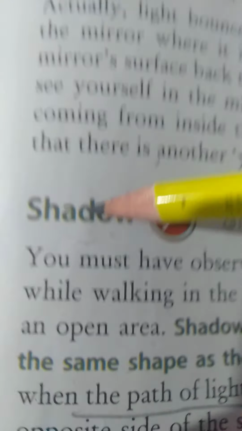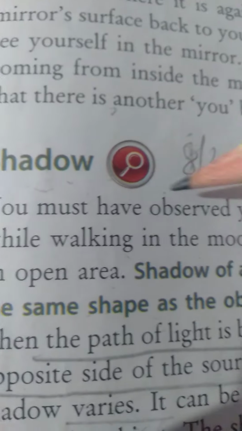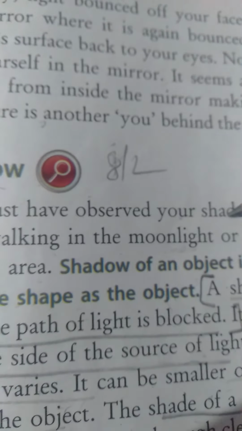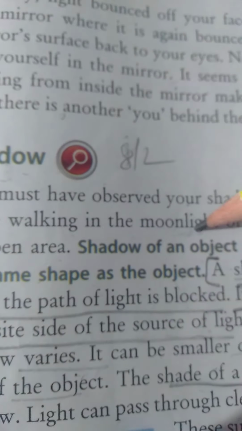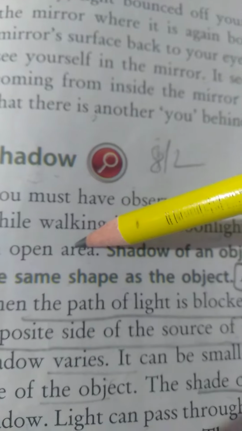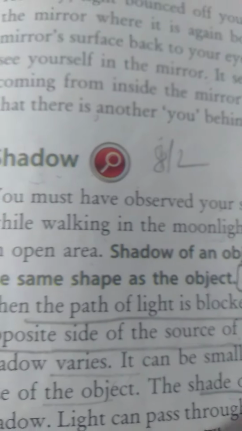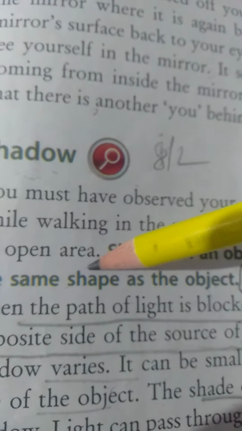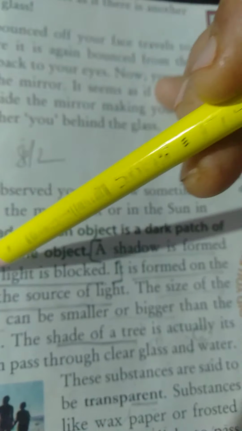The next topic is shadow. You must have observed your shadow sometimes while walking in the moonlight or in the sun in an open area. A shadow of an object is a dark patch of the same shape as the object. A shadow is formed when the patch of light is blocked.